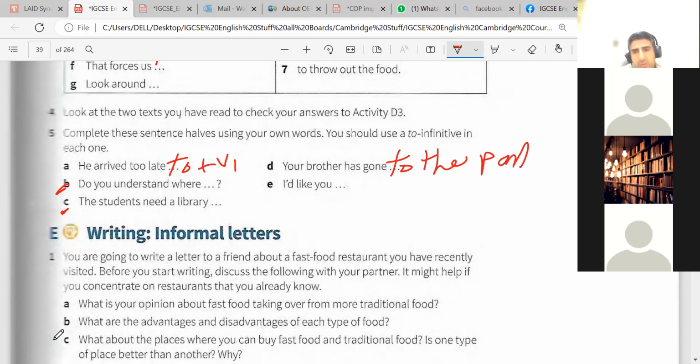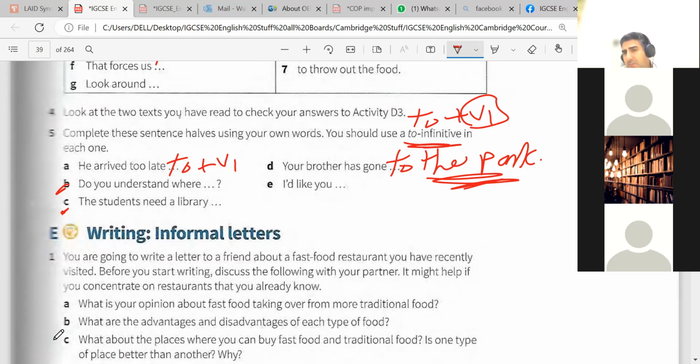Yeah, Juri, is Khalid correct? No. Where is the infinitive, Khalid? I told you we need infinitive. Infinitive means you do to plus verb. Yes, you must write the verb. Here, to the park, Khalid. Where is the verb? So your brother has gone to swim in the park, for example.